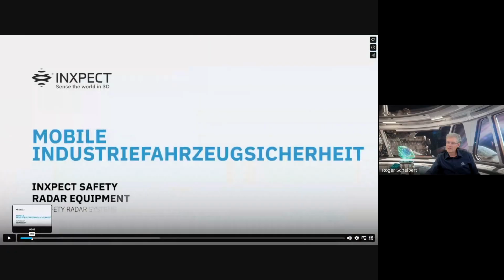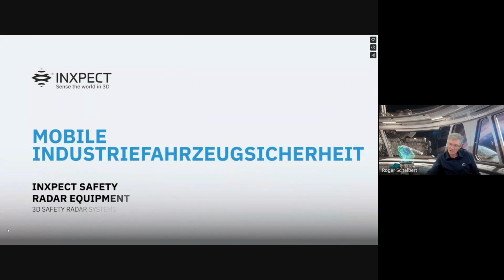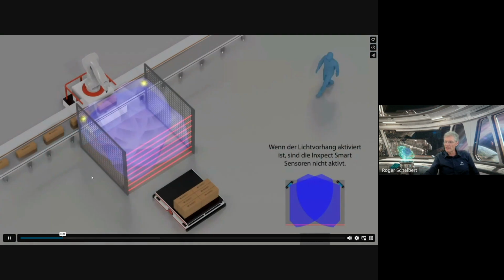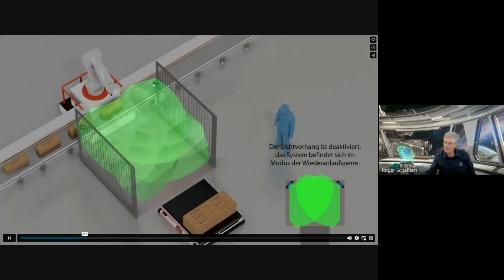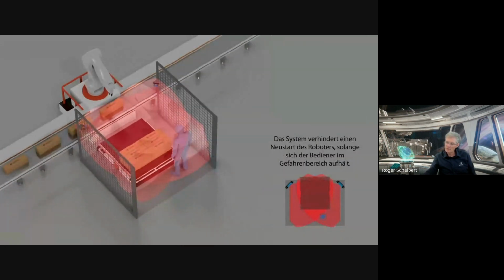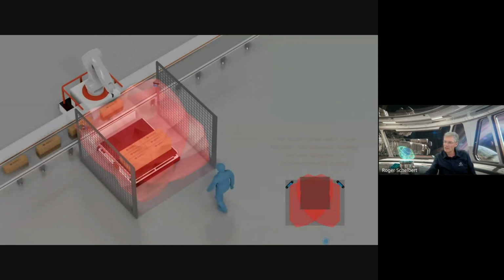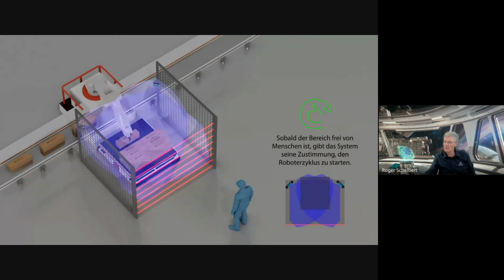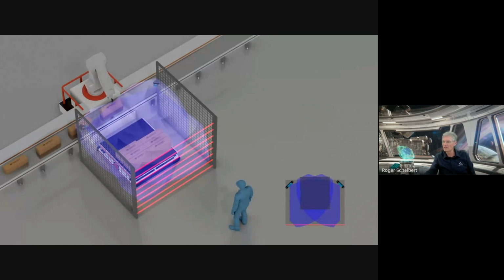These are industrial mobile safety radar systems. They come from the industrial side, not from the lab, but they can be utilized. Just to explain how this works, you will have a few of these radar sensors in your room, and as soon as something is moving and the radar can detect this, it can see it and stop the robot from working. If there is a human inside the region of the radar, the robot would not work.